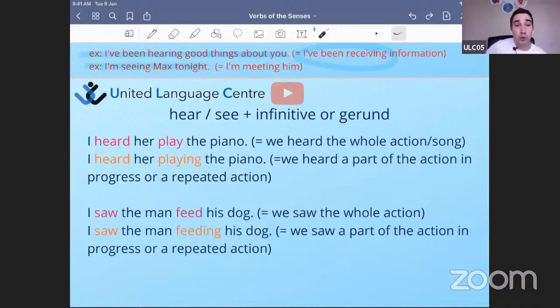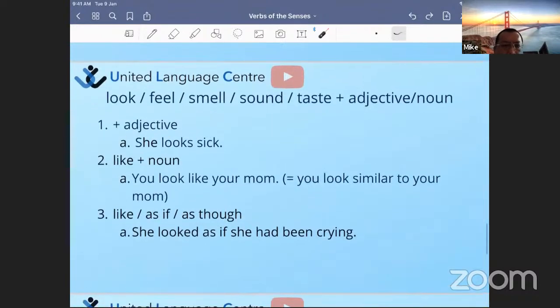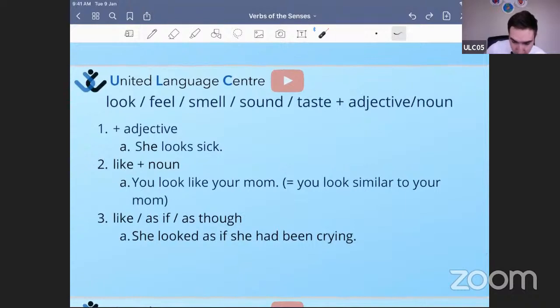Yeah, the whole action or part of the action or a repeated action, right? Okay, good.